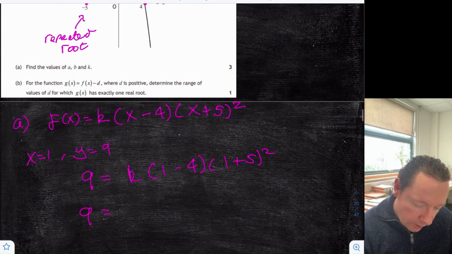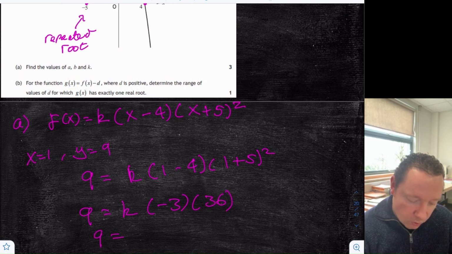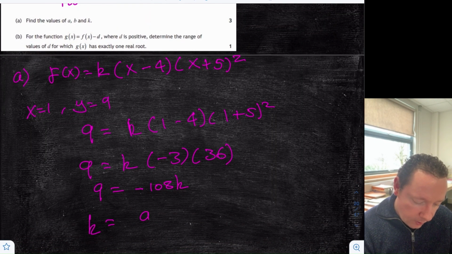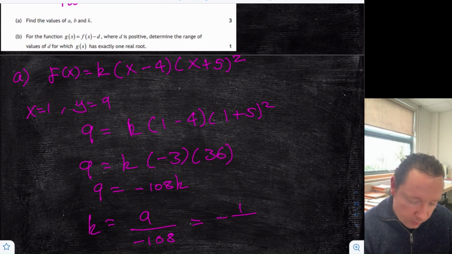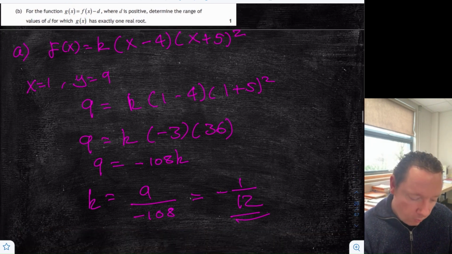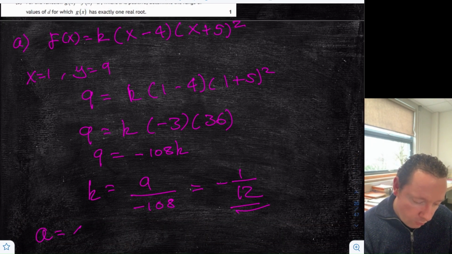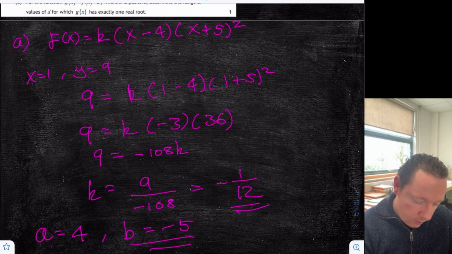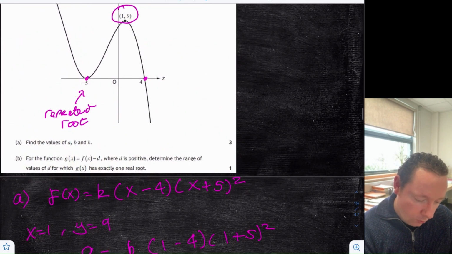So 9 equals k times minus 3. 1 plus 5 is 6, 6 squared is 36. So 9 equals minus 108k. So k is 9 over minus 108, which is minus 1/12. So we've got k as minus 1/12, a equals 4 and b was equal to minus 5, remember, from our roots, 4 and minus 5.